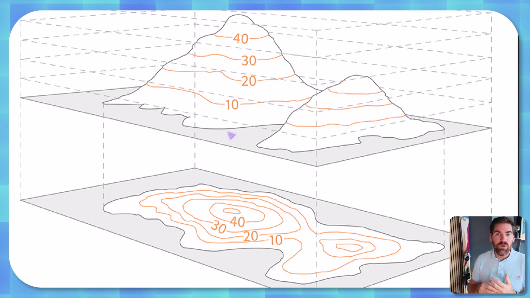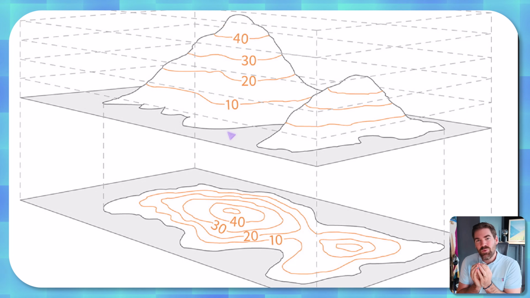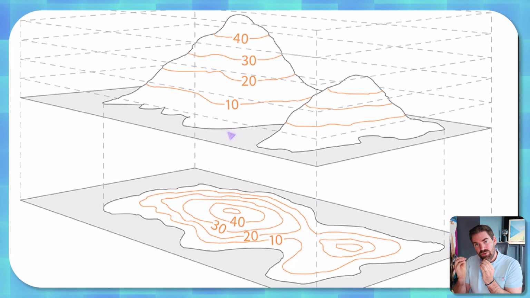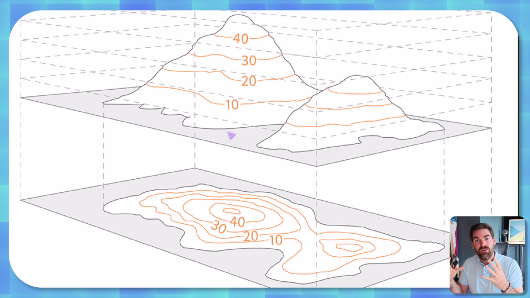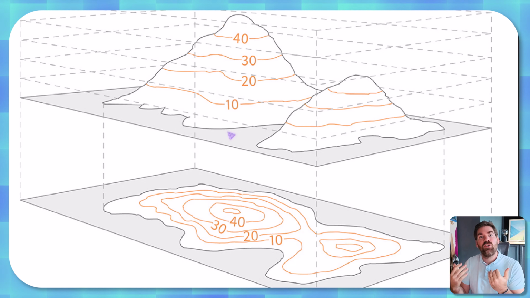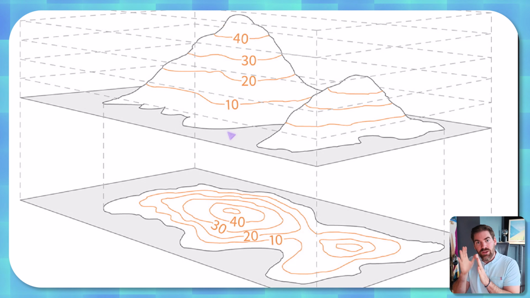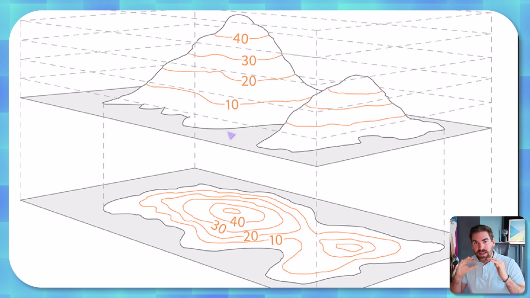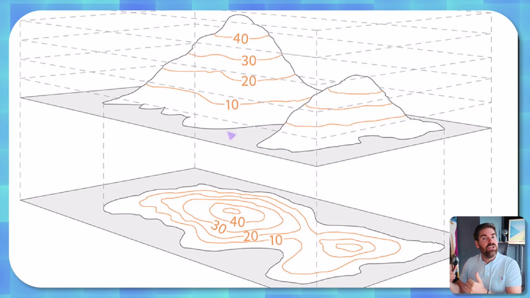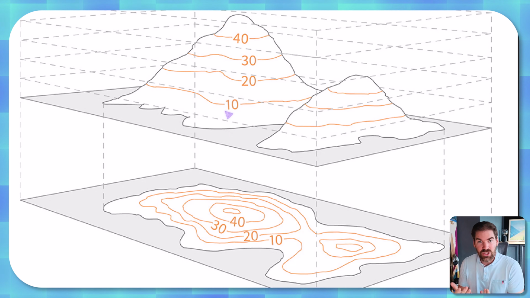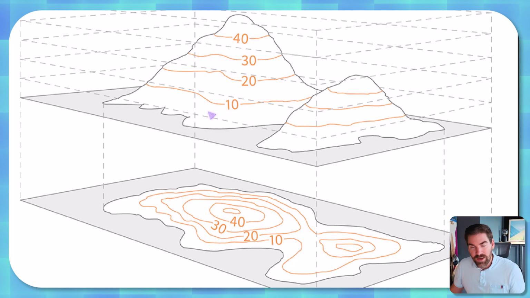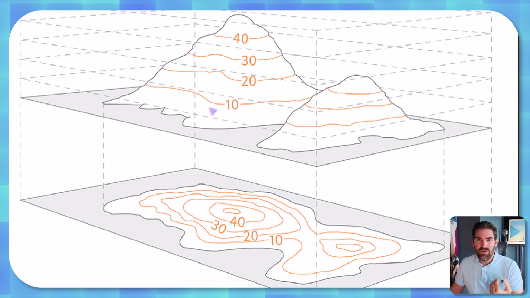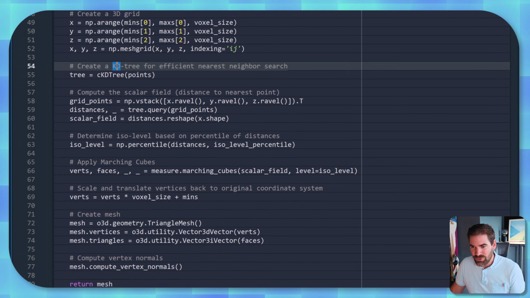Because we work with a point cloud, we will compute the distance from the point to the nearest point inside of our grid to be able to compute exactly how we should create the triangle that goes through this iso surface. At the end, we will have a mesh that is based on the iso surface for each and every cube that we have, so each and every voxel that we have. It will become clearer whenever we use the function, so don't worry about that too much at this stage.